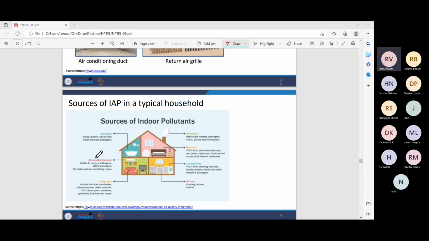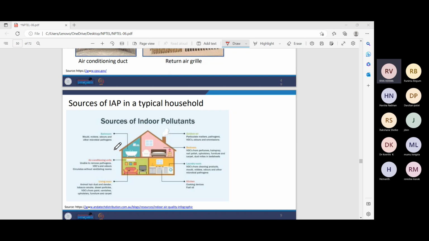Then in your living rooms, if we have pets, then we have their animal hair, dust, and dander. If someone is smoking, then we have sources like tobacco smoke and second-hand smoke. Then VOCs from paints and varnishes. Your upholstery in the furniture is also a source, as it captures a lot of particulate matter. Your carpet also tends to collect a lot of dust.